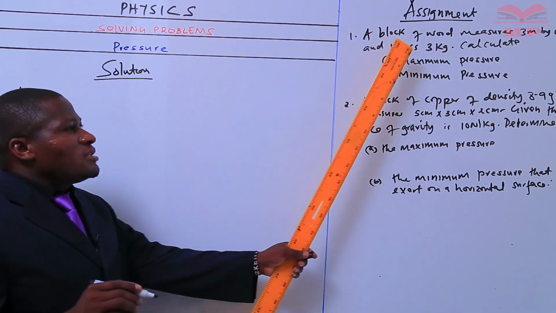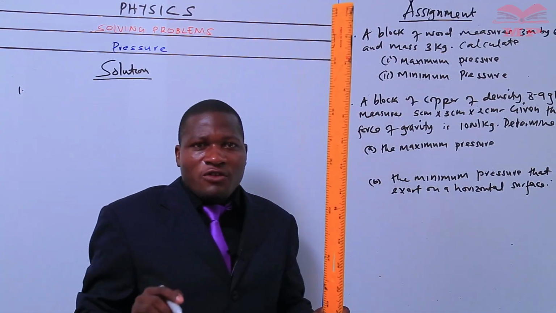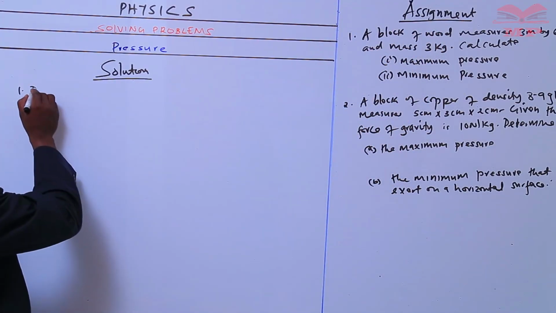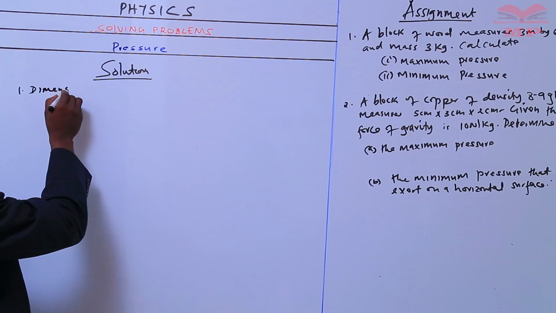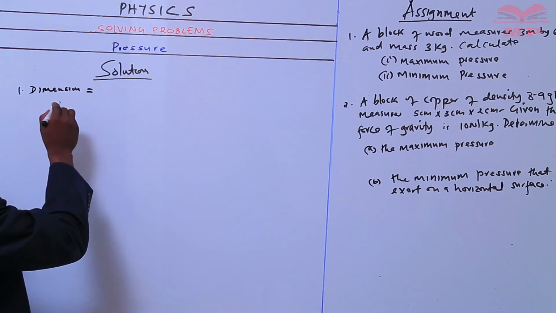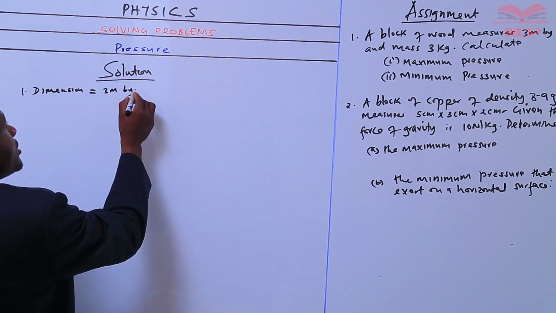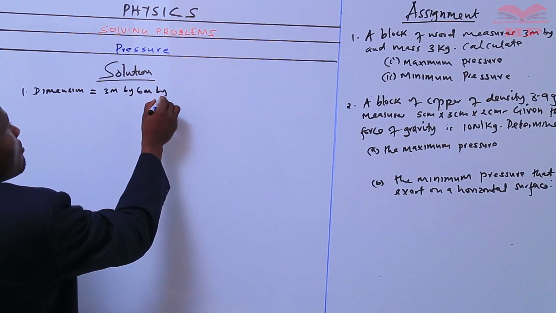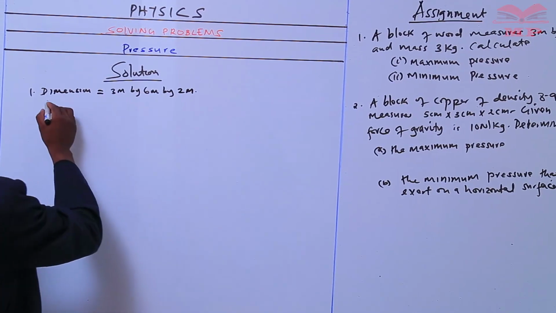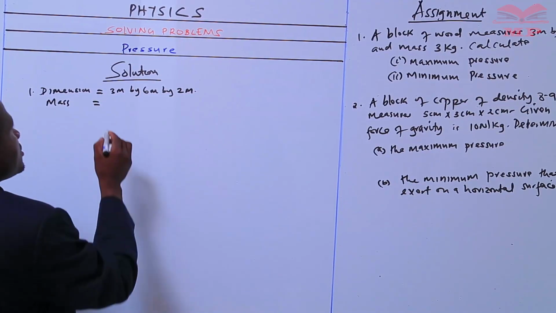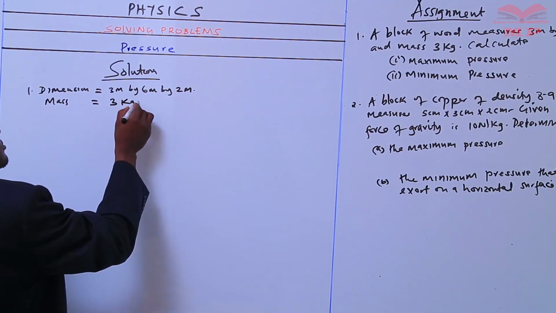Now, I said that you must list what you have been given. We have the dimensions, given by 3 meters by 6 meters by 2 meters. Then you have mass, which is 3 kilograms.